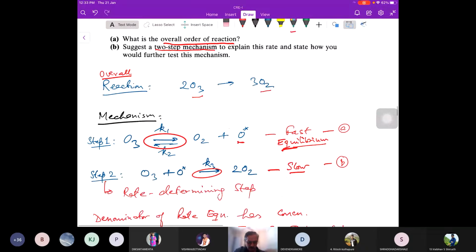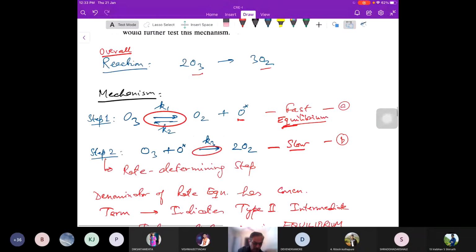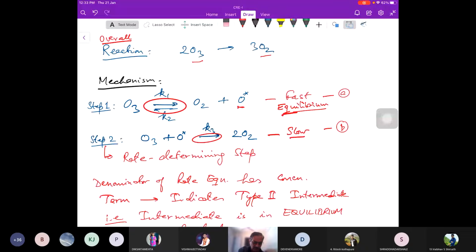But I'm sure there is some basis for it, and that is part of chemistry. I'm not so sure. But what it means is ये जो equilibrium reaction है और reversible reaction है for formation of intermediate, that means it is at equilibrium. Equilibrium पे हुआ तो we are saying the rate of change of concentration is 0.